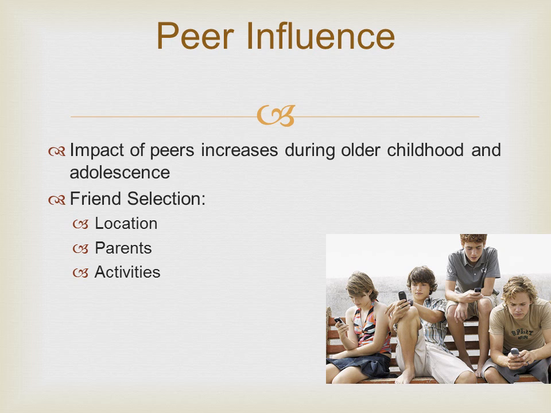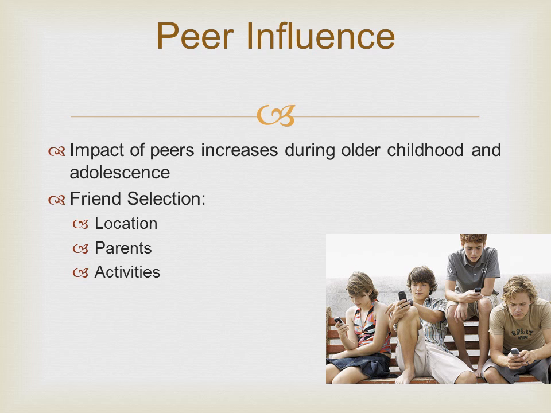How often do our peers influence us? Okay, again, the impact of peers increases in older childhood and adolescence. We see that it's a shift from the parents being the most important people, in age 4 and 5 and 6, and now all of a sudden peers are playing a bigger role.